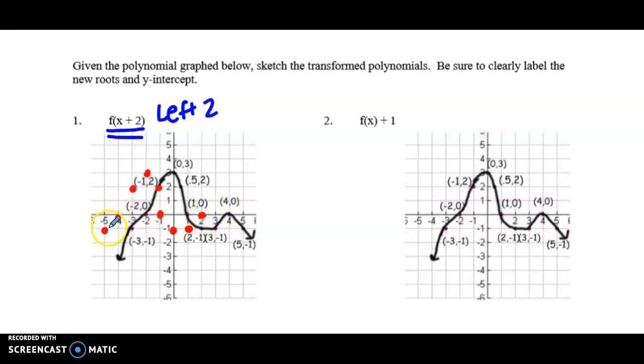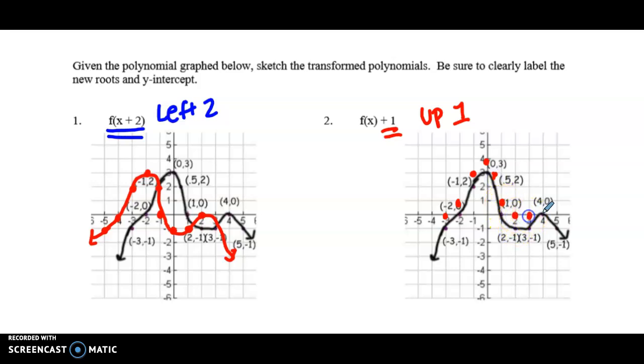Then you're going to connect your dots to see what your new graph looks like. I just took each of those values and moved them to the left 2. All right, this +1 right here, what does this do? This is going to move your graph up 1. So all you're going to do is take every single one of these values and move them up 1.